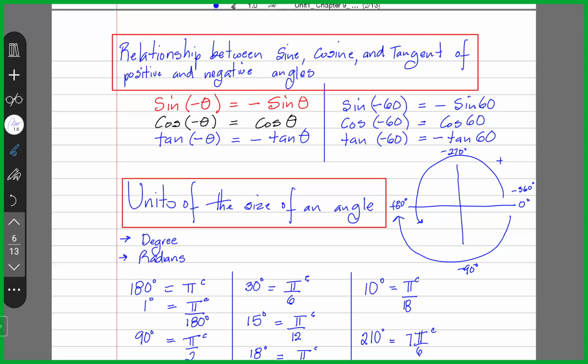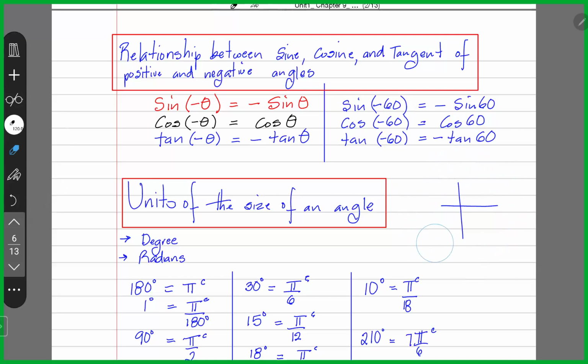And the first quadrant is minus 270 to minus 360 degrees. Positive angles go in an anti-clockwise direction, and negative angles go in a clockwise direction. We didn't discuss negative angles; we probably should have.